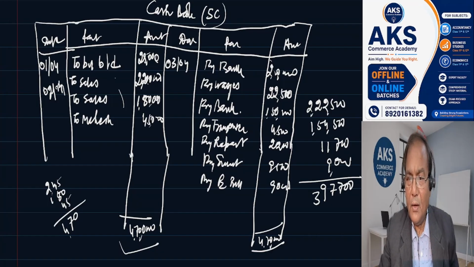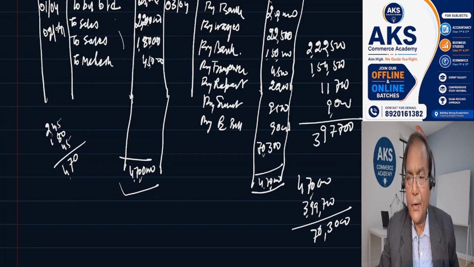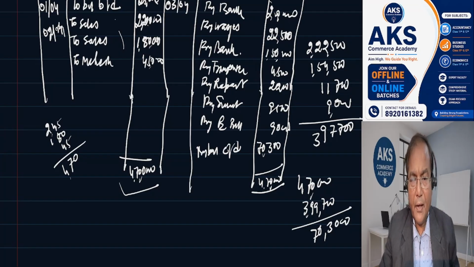So what is the balance now? 470 minus 397 is 73, so 70,300. Okay. So this is by balance carried down. This is our amount column, and we will bring it down here to the next month. To balance brought down 70,300. I hope this is understood.